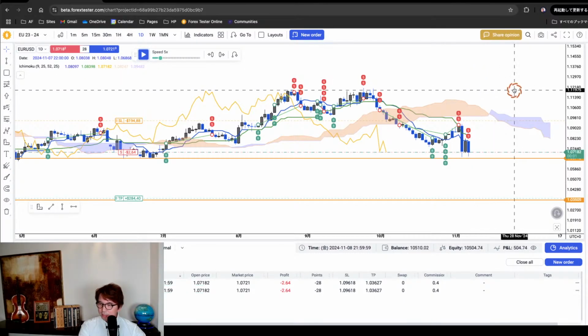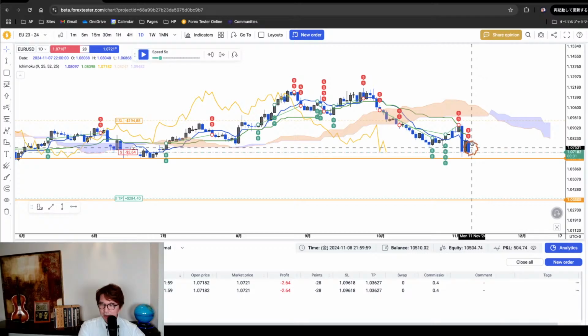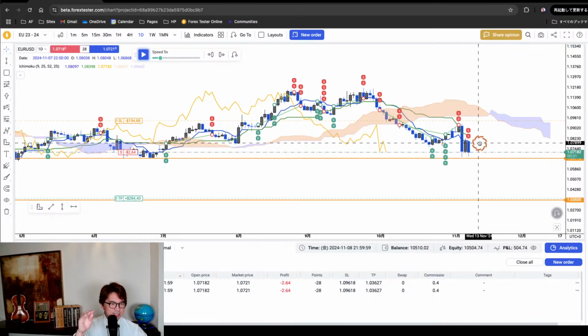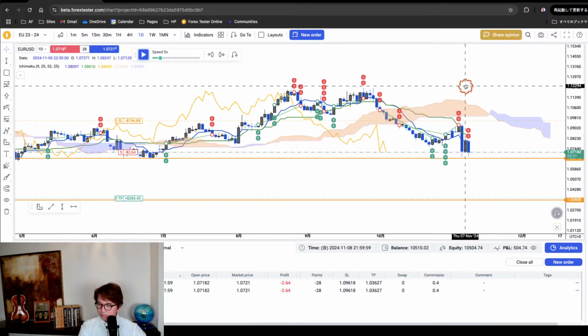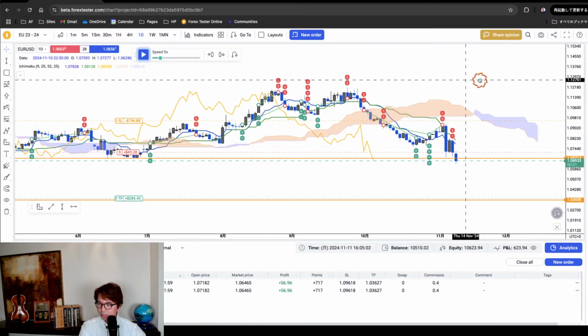Again, if the market goes up from here and breaks Tenkan-sen, then I will immediately exit. Or if it breaks Kijun-sen also, I will immediately exit there. Okay, so let's see. I move the bars one by one.